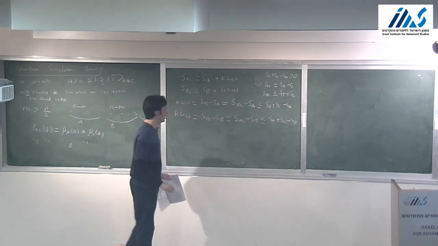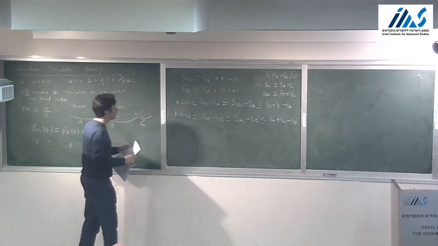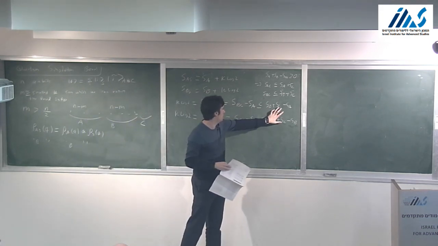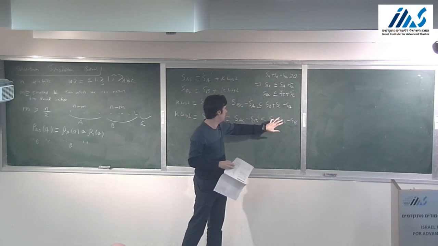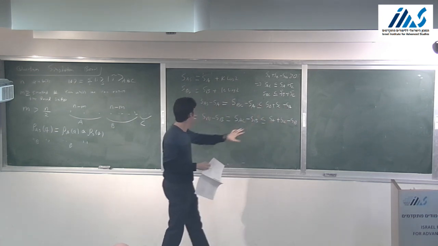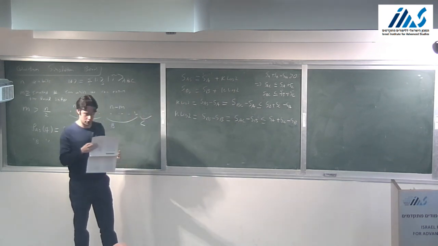Now look at these two things. Both of these have SC, and then we have plus SB minus SA, and minus SB minus SA. And both of those have to be upper bounded by K log 2.